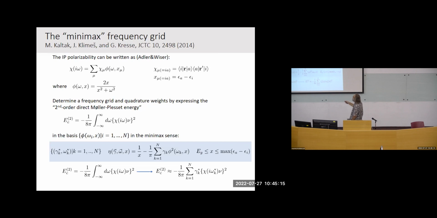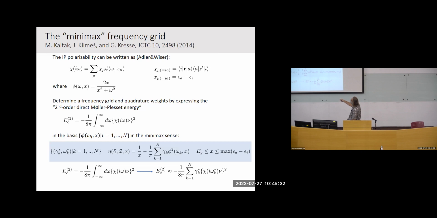So what we now seek is a frequency grid and weights that basically give the best fit to a particular component of the MP2 energy, and that is written here.